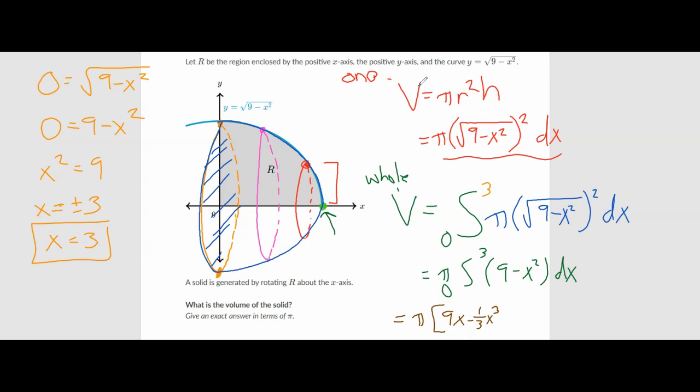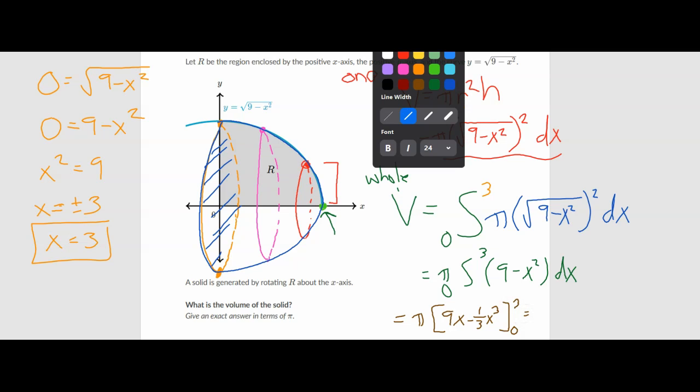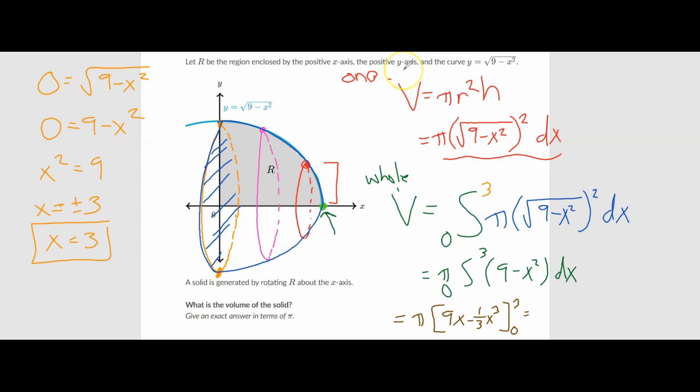Antiderivative would be 9x minus 1/3 x cubed, evaluating from 0 to 3. This is going to be tight. We get 27 minus 1/3 times 27.